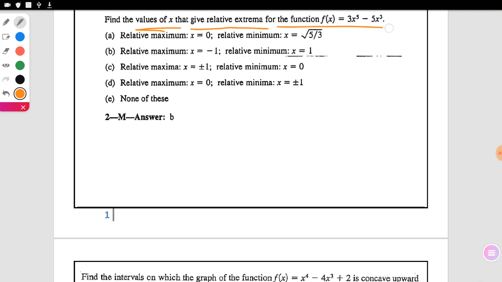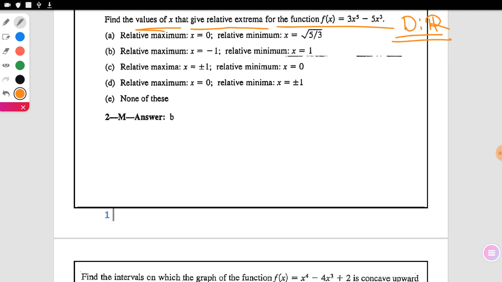For this function, since our given function is a polynomial, our domain is all real numbers. The function is defined at all real numbers. So in this case, to find the relative extrema, we have two ways to find it.